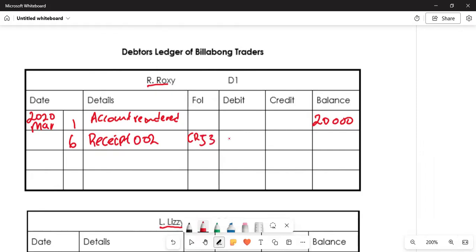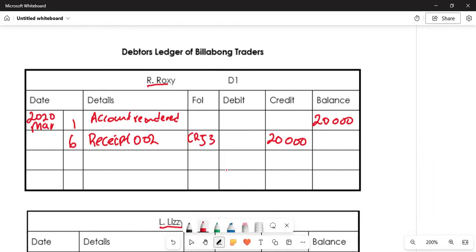Then we are going to write it on the credit, because this is our income. This is the revenue that we are earning as a business, 20,000, because Roxy managed to settle his account.